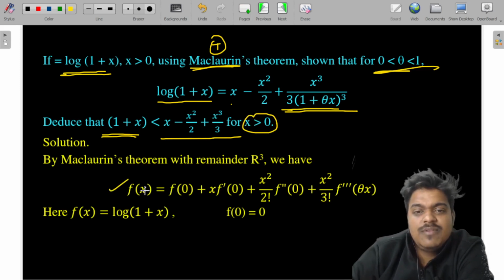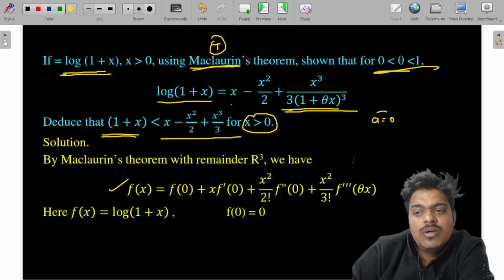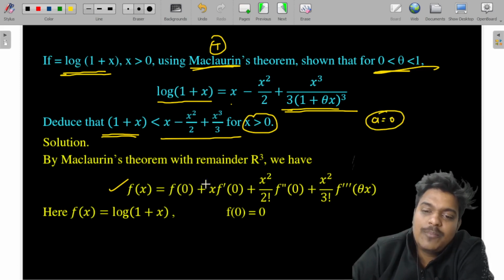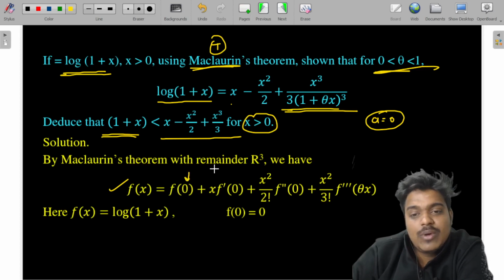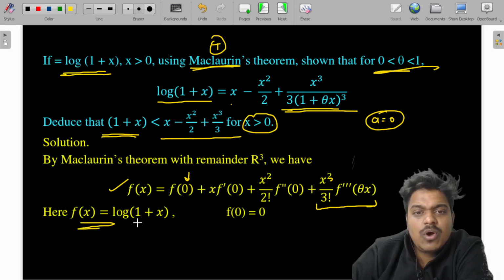Now, as I told you, when a is equal to 0, the Taylor theorem goes to the Maclaurin theorem, that's it. So we are putting a equal to 0 only, because we need to calculate that only. So f of x is f of 0, plus x into f dash 0, plus x square by 2 factorial into f double dash 0, plus x cube by 3 factorial into f triple dash theta x. So you solve this question, where f of x is equal to log of 1 plus x.